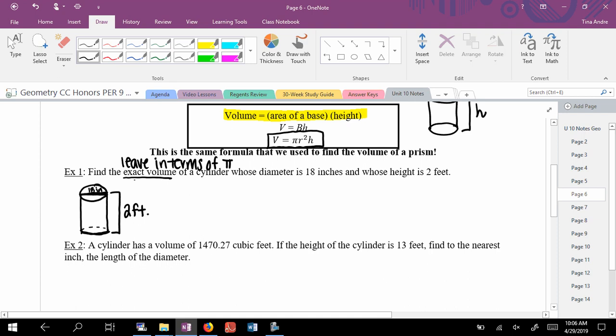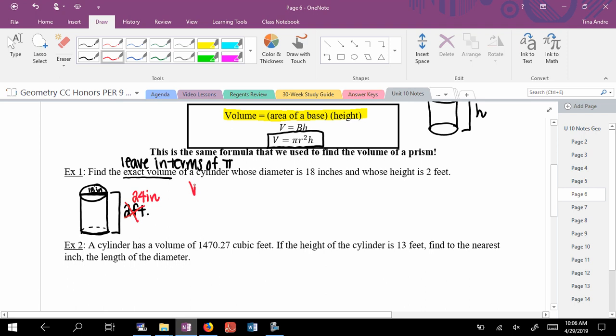Since the question doesn't say what unit I need to find the volume in, cubic inches or cubic feet, I can pick which unit I want to convert. But what I do need to do is make sure these are in the same unit. So I'm going to convert the 2 feet into inches. I think that's a little bit easier. So 2 times 12 is going to give me 24 inches. That's what I'm going to use, so I'm going to make my answer in cubic inches.